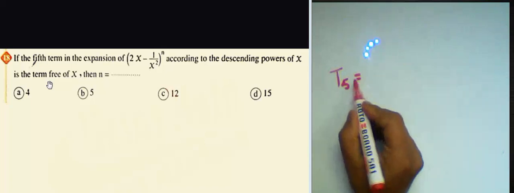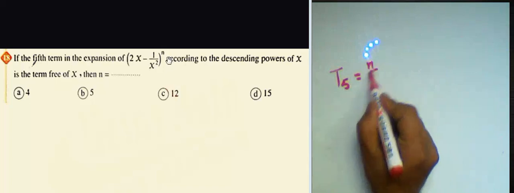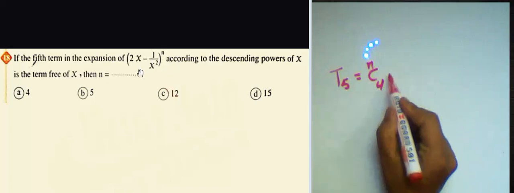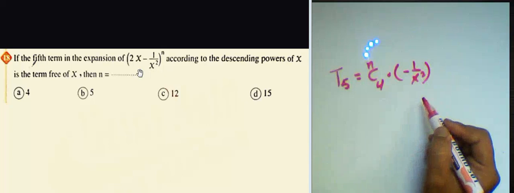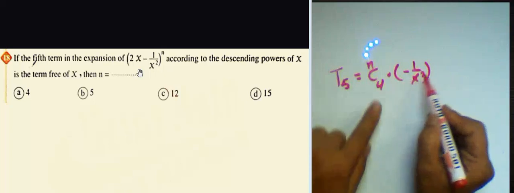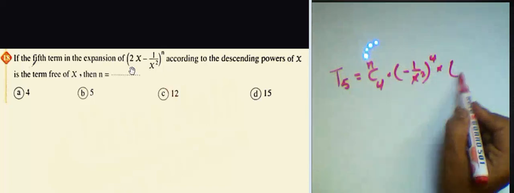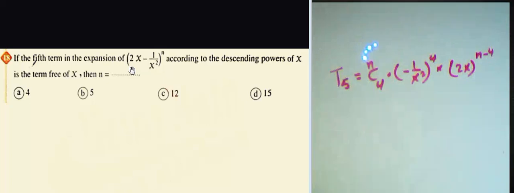Term 5 equals what? We have n combination 4, multiplication the second, negative 1 over x power 2, all power 4, multiplication the first, 2x, multiplication power difference between them, n minus 4.